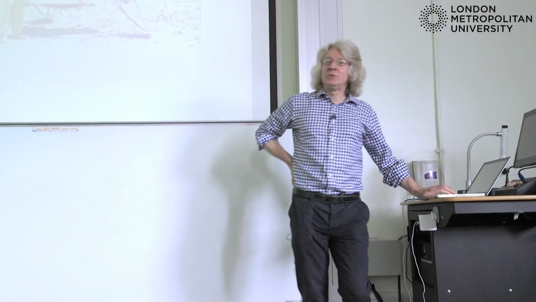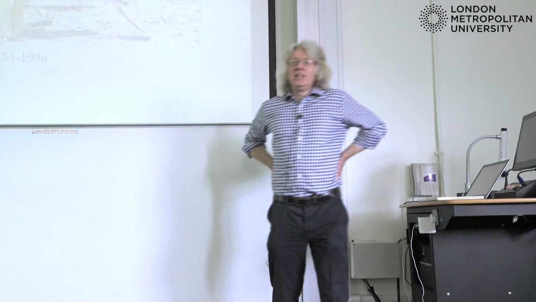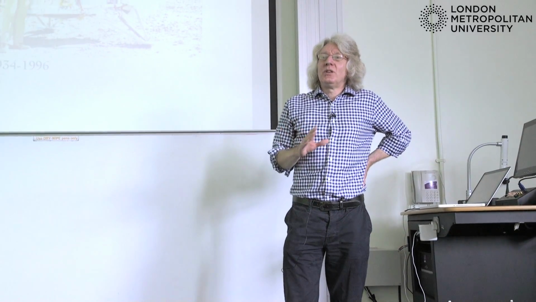Well, he was a great popularizer of science, particularly the astronomical sciences, about 30 years ago. This is Carl Sagan. Sadly, no longer with us. He died at the very young age of 62 in 1996. His TV series Cosmos was one of the best ever science series produced.